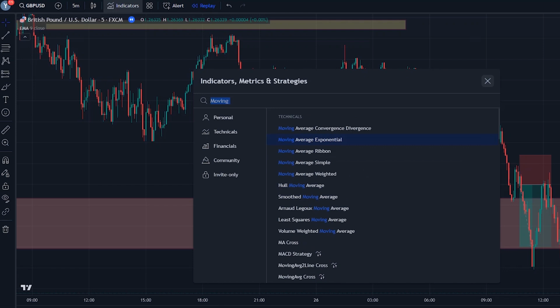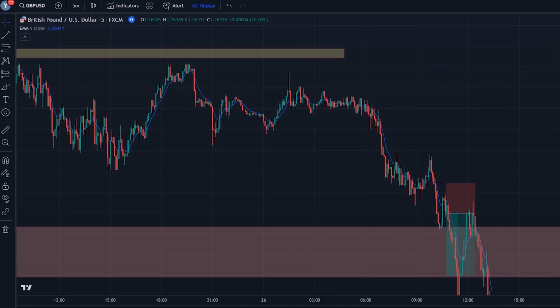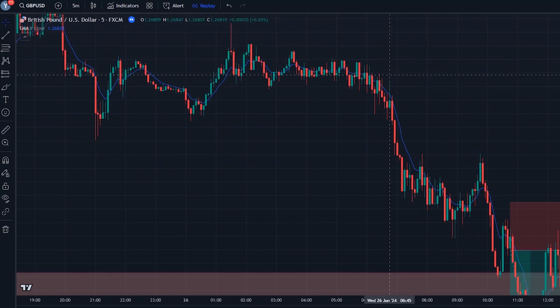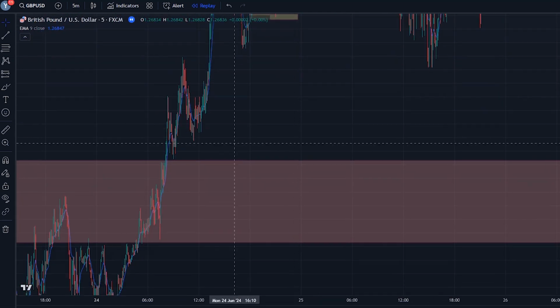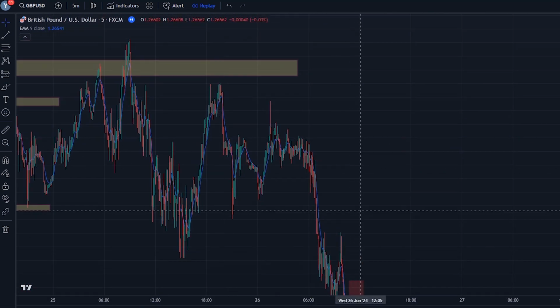You're going to click on it. That indicator will give you a direction of the market. As you can see right here, when the market breaks out, it gives you the direction of the market, and how you can easily identify the trend. It indicates an uptrend right here, and it indicates a downtrend right here.